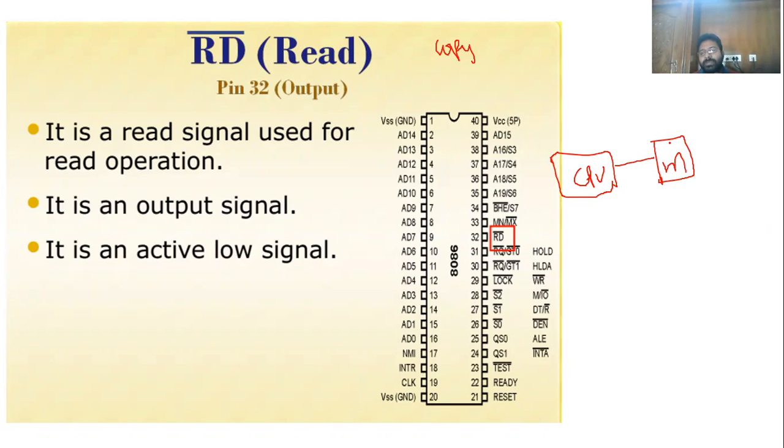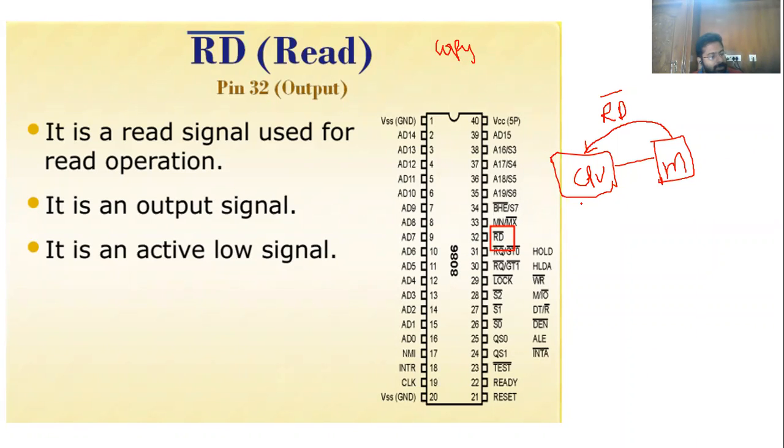Read means whatever data is present in the memory comes to the CPU, the microprocessor. You know the direction: the data present in memory is coming to the CPU whenever you want to perform this operation. That is the read operation.